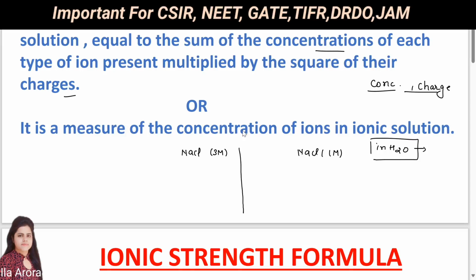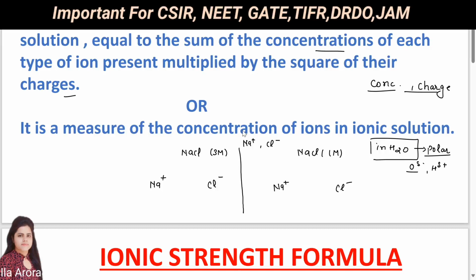H2O is a polar solvent, so we have some charges: for oxygen we have delta negative charges and for hydrogen we have delta positive charges, right? For NaCl we know that two types of ions will be there in solution, Na positive and Cl negative. So Na positive, when its concentration is 3M, and Cl negative.